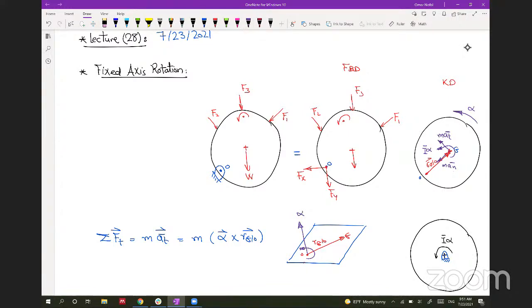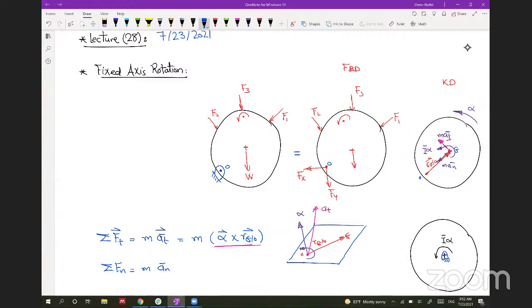So let's make it in a different color here. So this is perpendicular to G and alpha, and this is the direction of the A tangent. So this term, and that's rational because you will have the MA tangent going this way. Something like that.